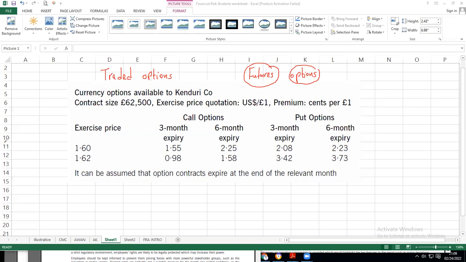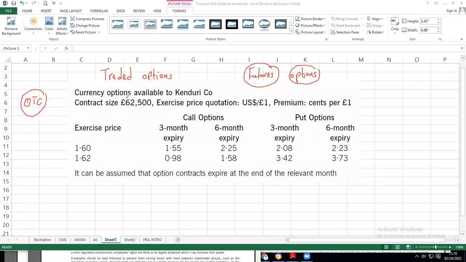Currency options have a contract size for everybody in the market. If somebody wants what is specific to them, let them go OTC, let them go to their bank and get that. If you come to a market like this, you find standardized products.